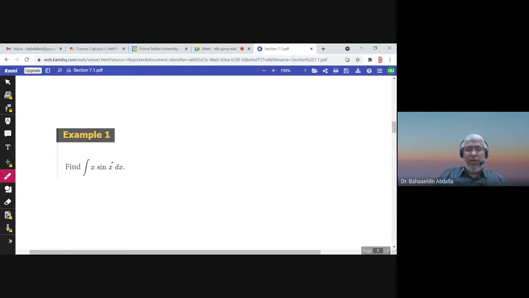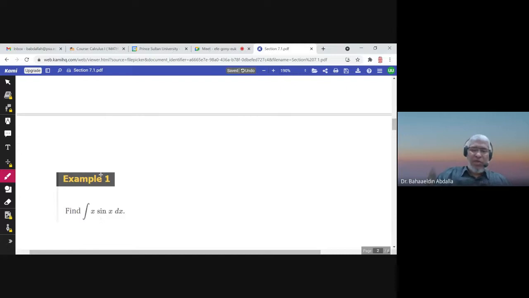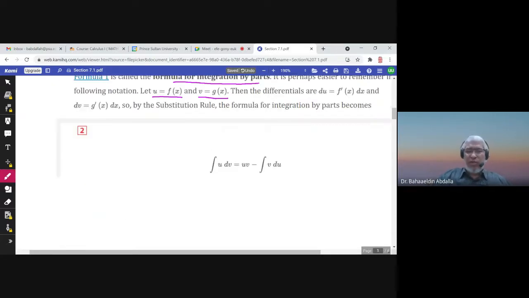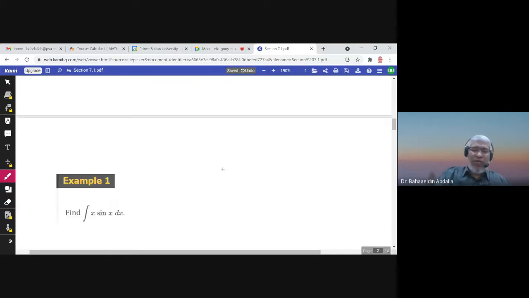If this were x squared inside the sine, we could have used substitution, taking x squared as u, and the derivative would be outside; you just multiply by 2 and a half outside. But it is not x squared, it's just x. So here we have a product of two functions, and we need to choose one of the functions to be u, and the other part of the integral will be dv.